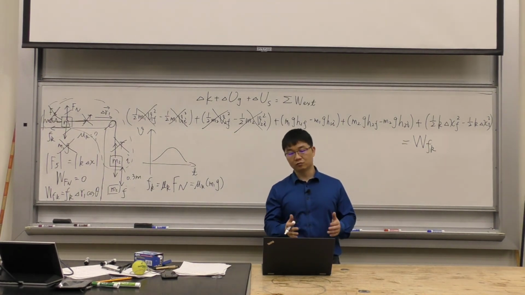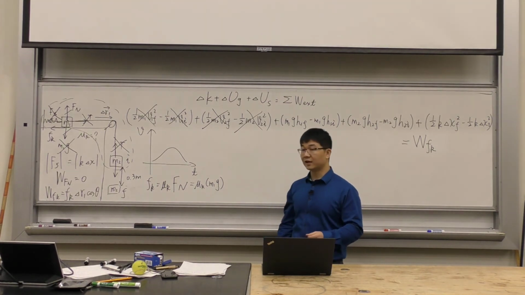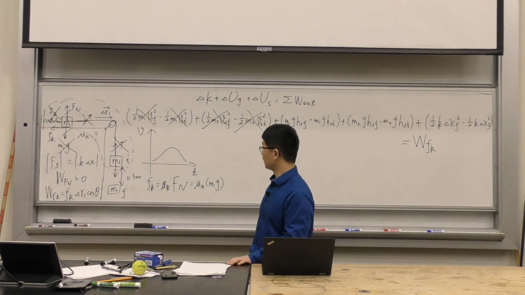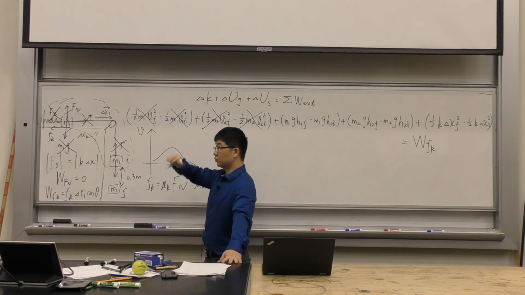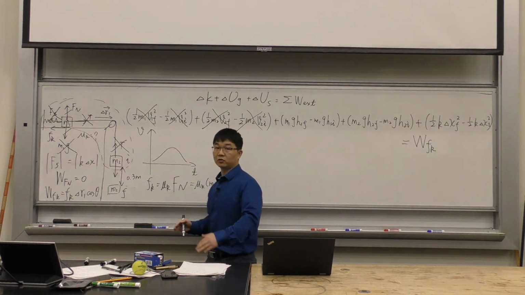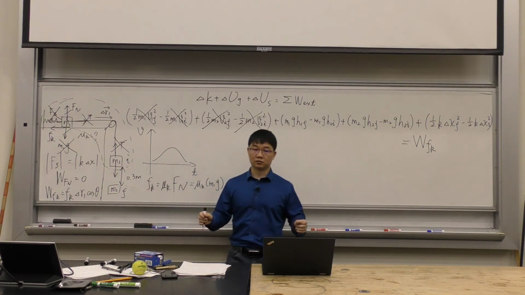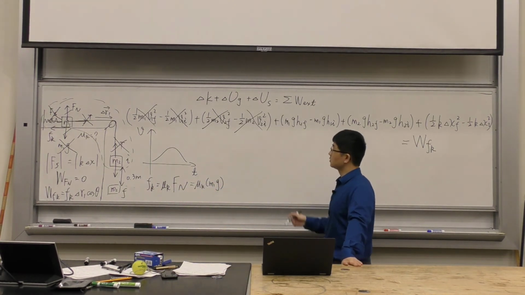So there's no delta K you need to calculate. Is the kinetic energy changing in this process? Yes, it increases and decreases to 0, but I don't care. I only need the initial and final values, so I subtract them, and in this case I get 0 minus 0, 0 minus 0. Very nice.